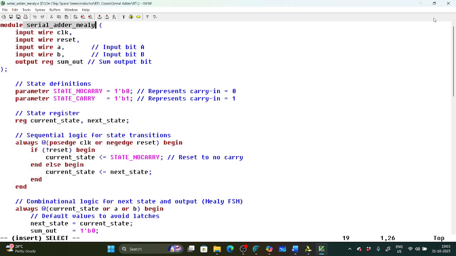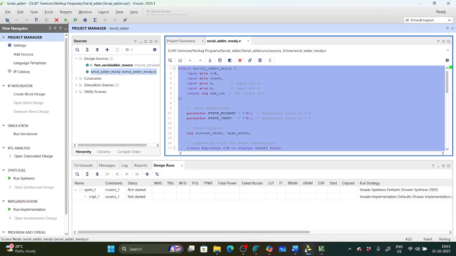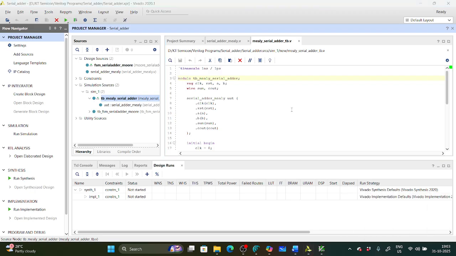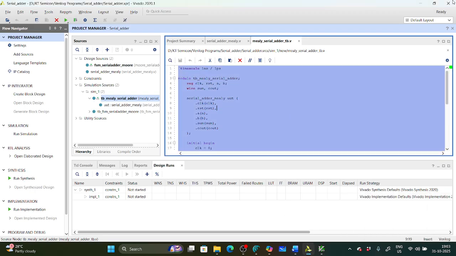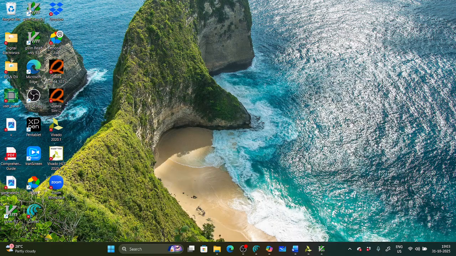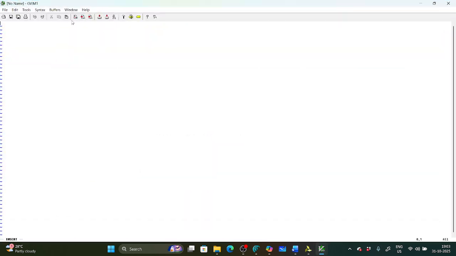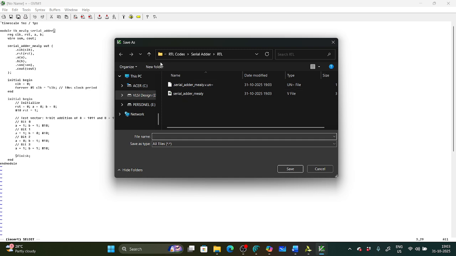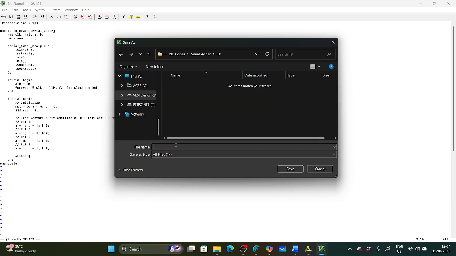The test bench also I will save. I wrote the serial adder Mealy test bench in the simulation part. I copy this and open one more GVim and paste it. The module name in the test bench is TB_Mealy_serial. I save this file in TB with the .v extension.